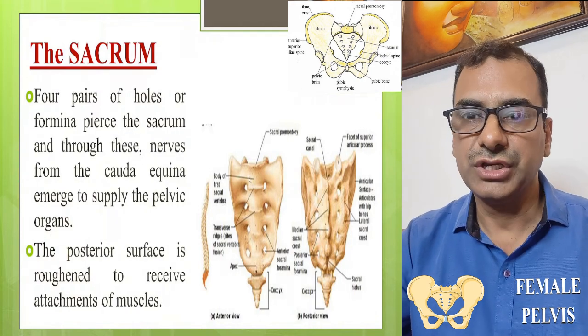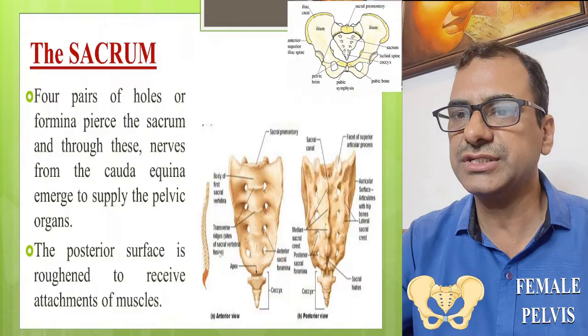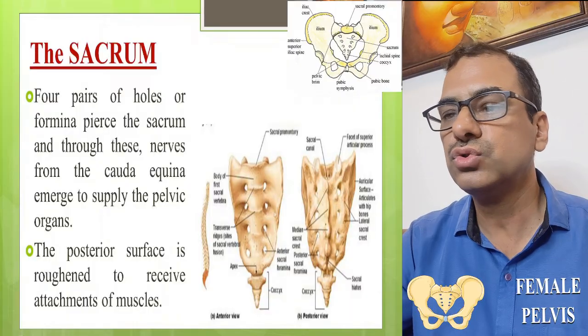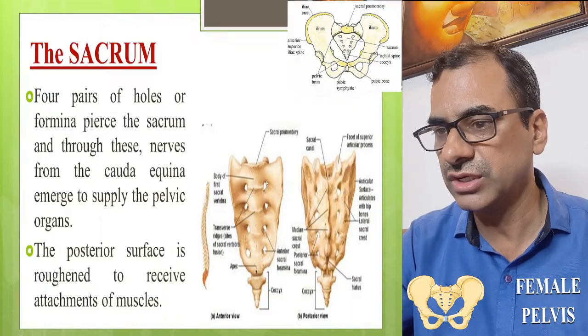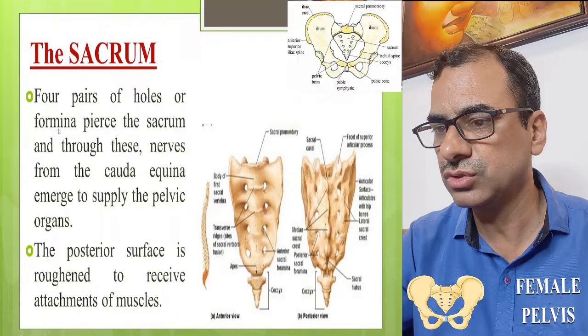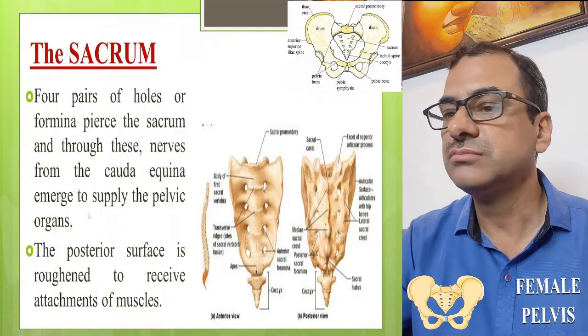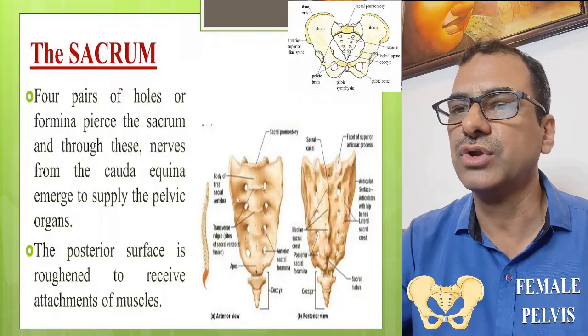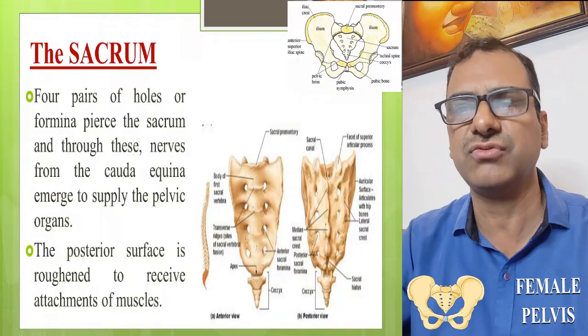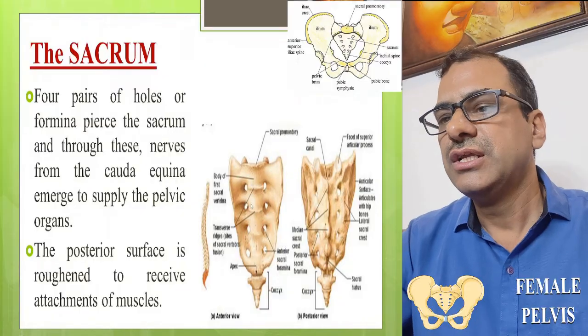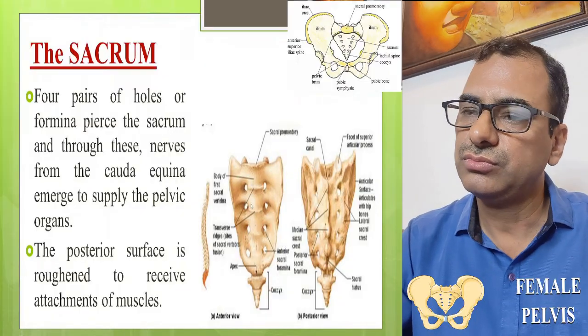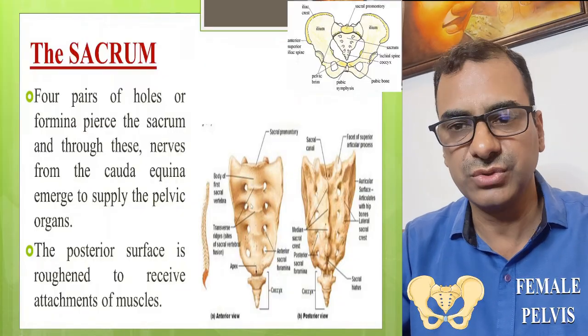There are four pairs of holes, or foramina, piercing the sacrum, through which the nerve fibers come out from the cauda equina. So these are the sacral foramina. These nerves come out and they supply the pelvic organs.